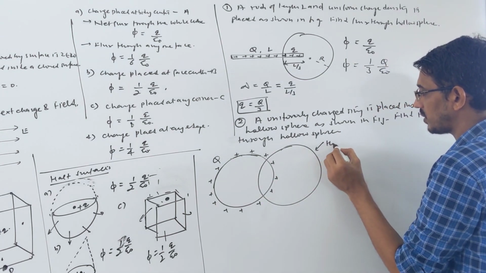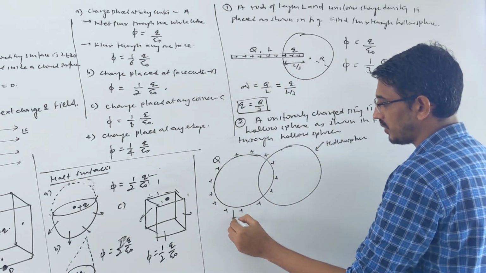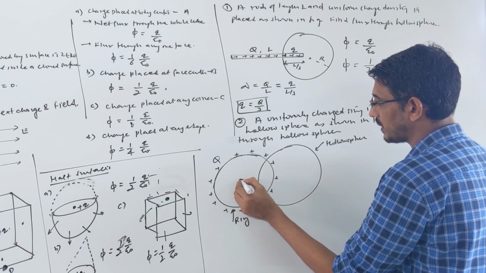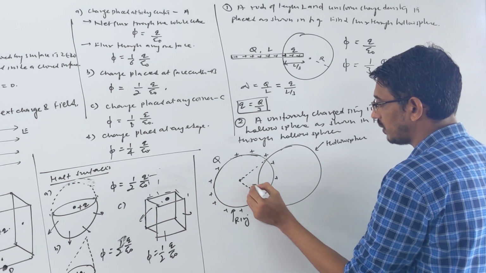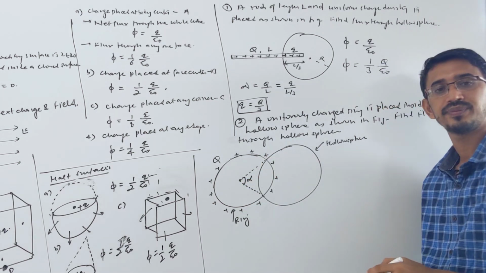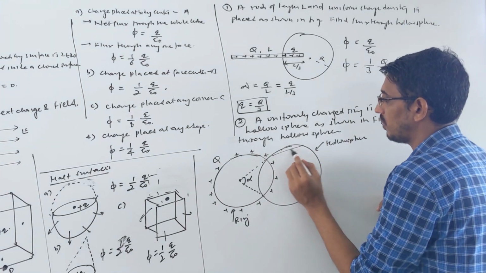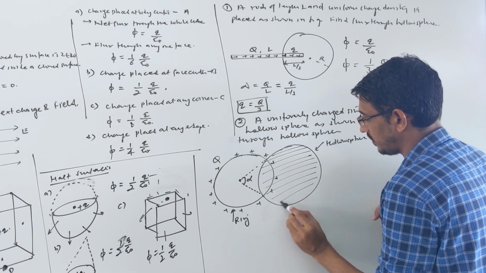This is your hollow sphere, and this was your ring. So some part of the ring, and an angle was given here, something like alpha. Let me represent it like this: this is your hollow sphere and that's your ring.